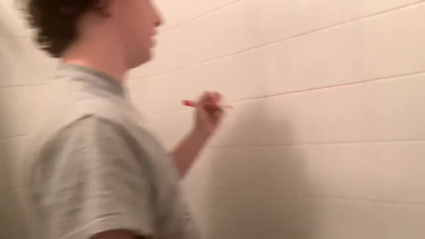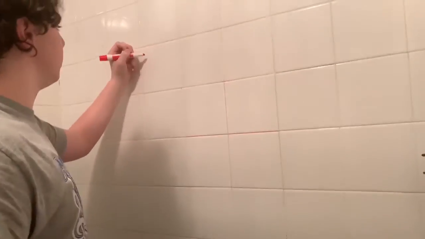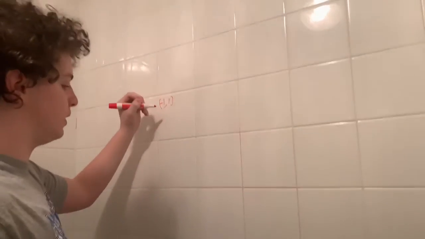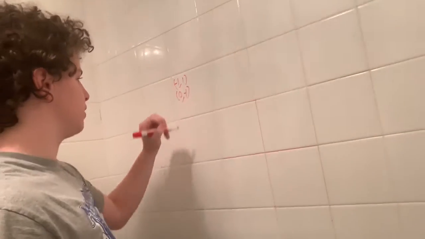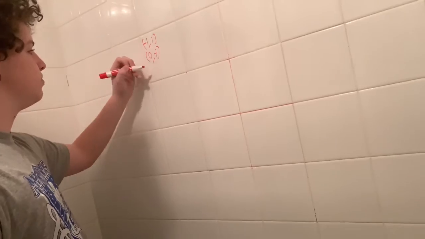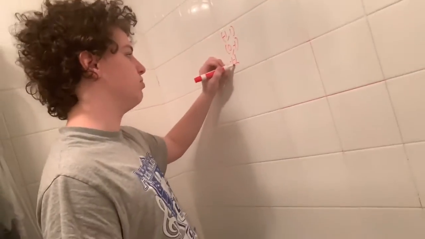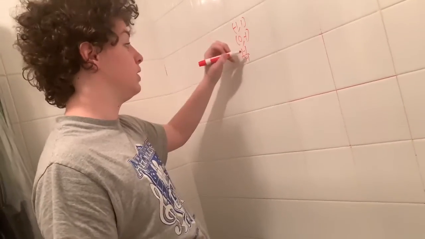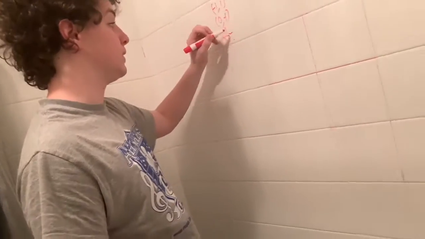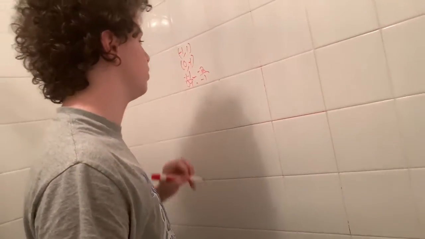Their slopes are identical. So let's say you have -1, 1, and 0, -1. You subtract the -1 minus 1 over 0 minus 1, the whole shebang, and that equals -2 over -1, or just 2.